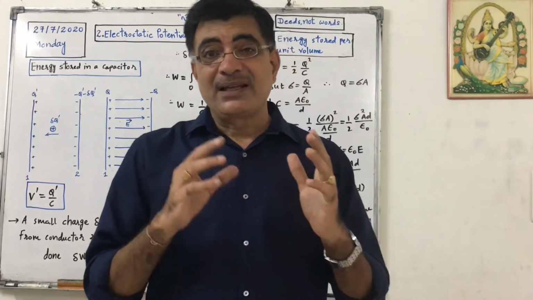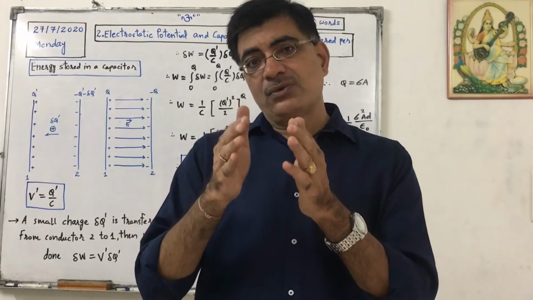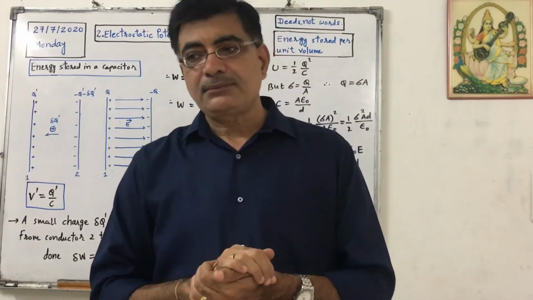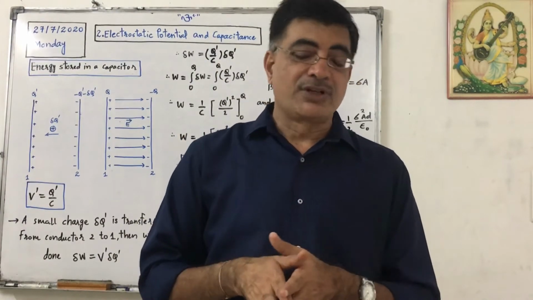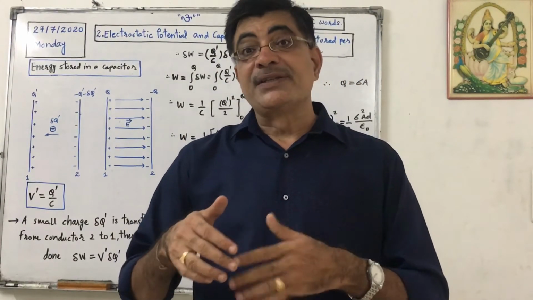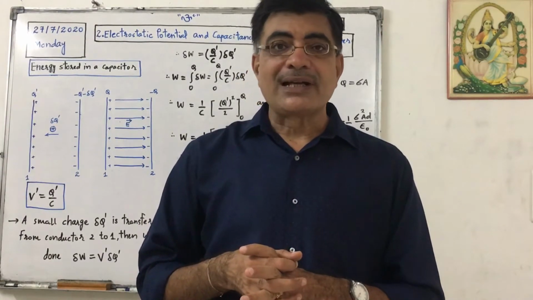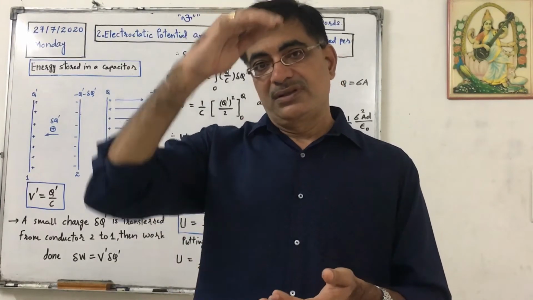efforts. In short, when we store charges on plates of a capacitor, the work required, or the force applied, varies. It is variable. So we cannot calculate the total work as a whole.